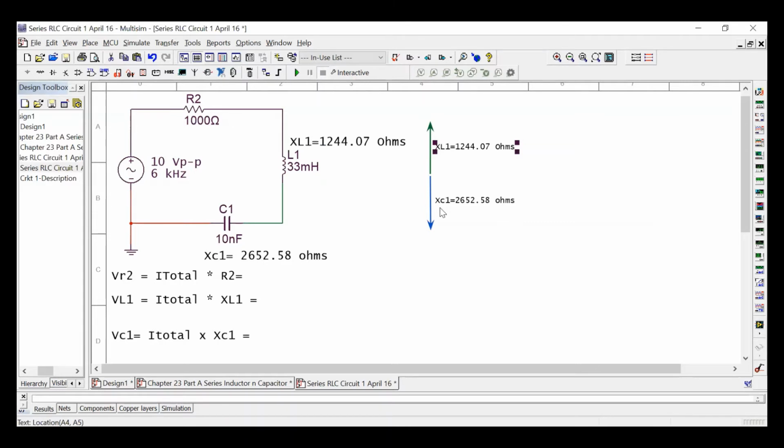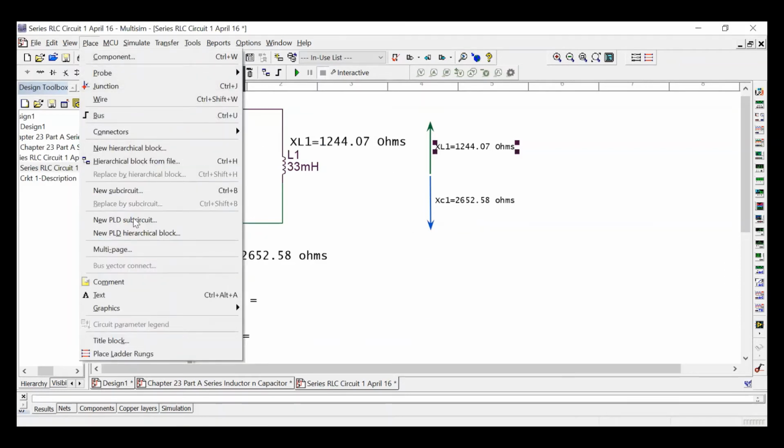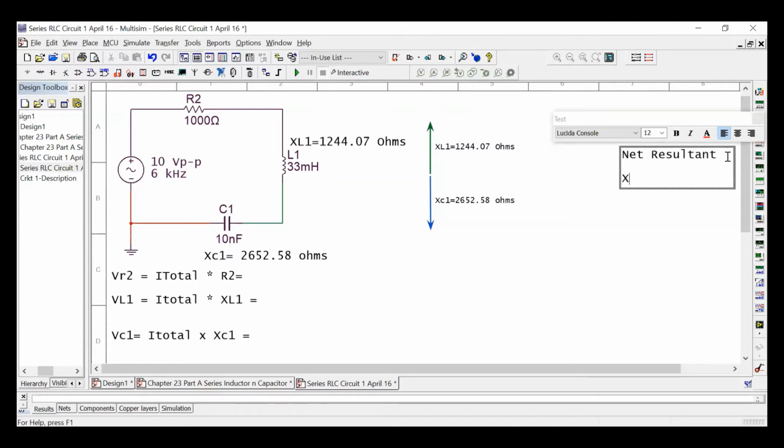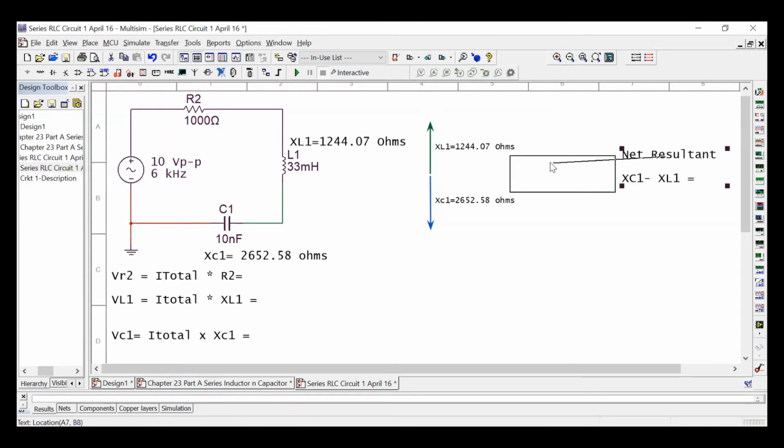What we call the net resultant on here is going to be, in this case, X of C1 minus X of L1, because there are two vectors that are pointing in opposite directions.